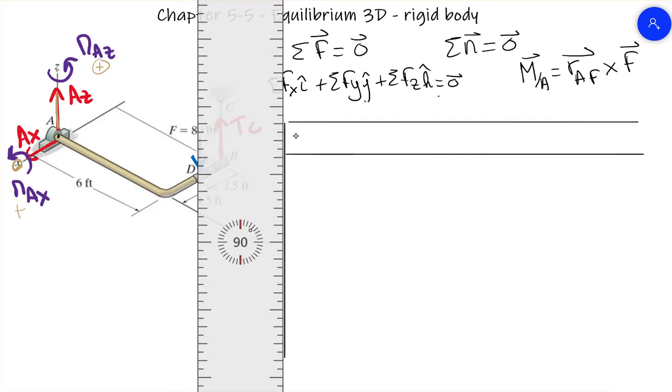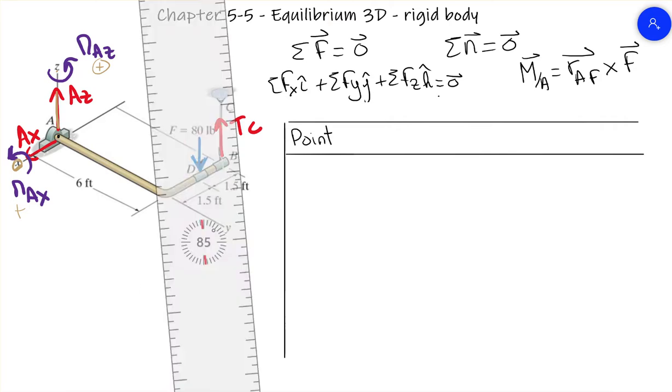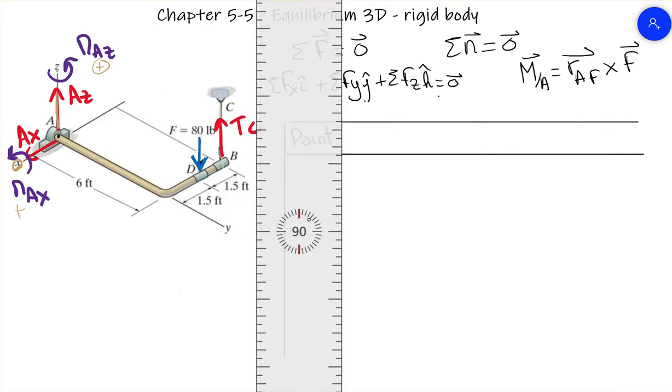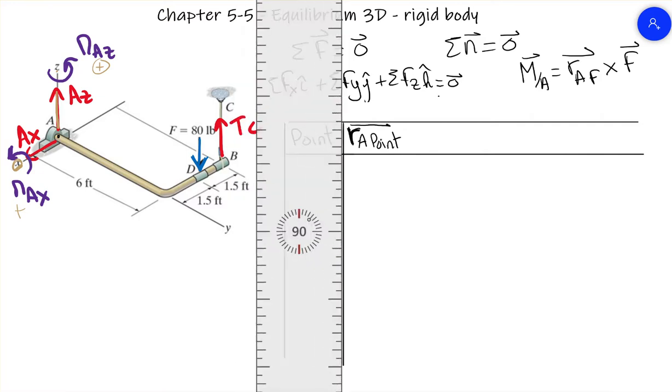So the first column is for the point I will consider. The second column is for R from the moment. So here it will be from A to the point that I consider. It's a vector position.